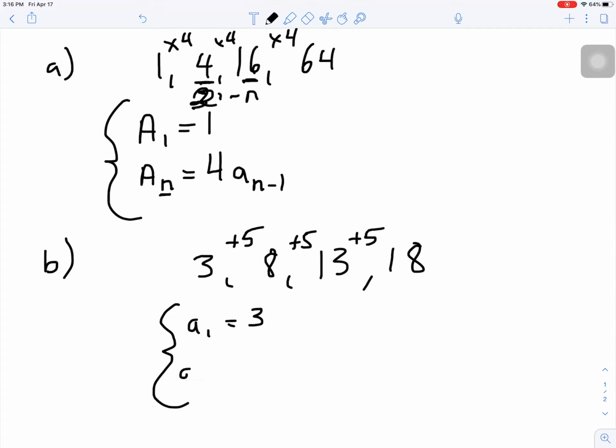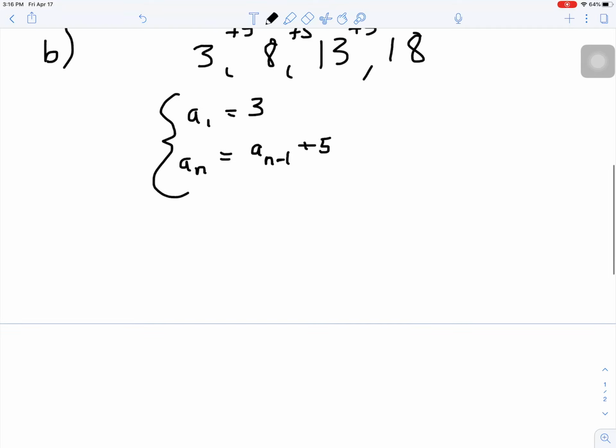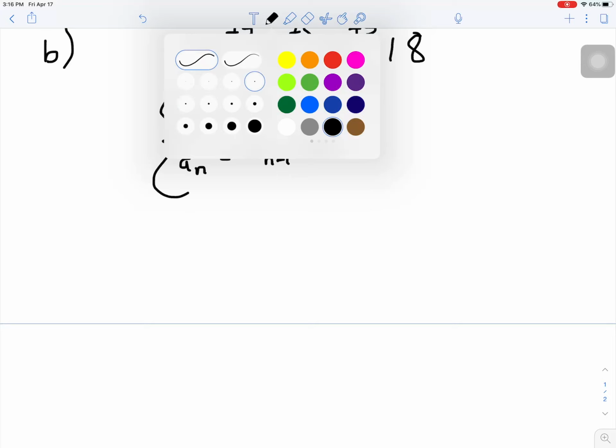Answer is A1 equals 3. That's the first term in your sequence. To find the next term, A n, we would be doing A n minus 1 plus 3. And that would find your, oh sorry, not plus 3, come on. Must be getting later in the afternoon. Plus 5. And that would find your sequence for B.